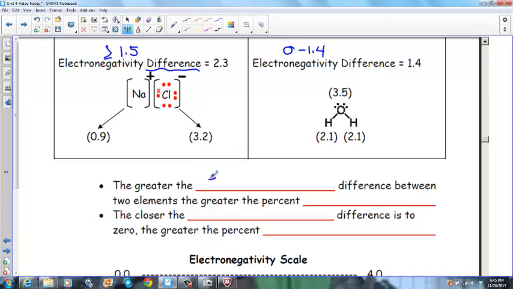So the greater the electronegativity difference between two elements, which I'll abbreviate, means that you have a greater percent of ionic character.